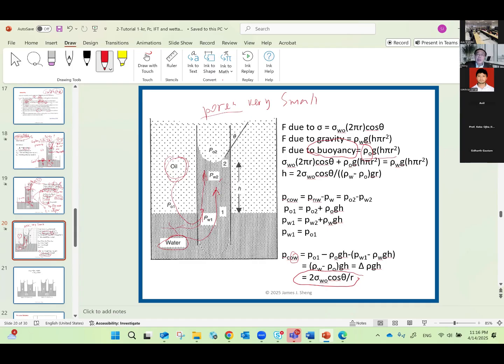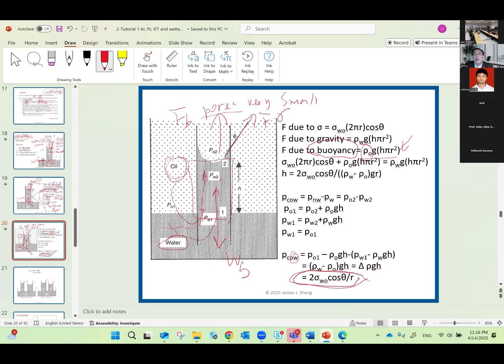When you analyze the forces, we need to add a buoyancy. If we again use this water column as the object for analysis, we have water wetting, we have interfacial tension, and we just add another one, buoyancy. Okay.